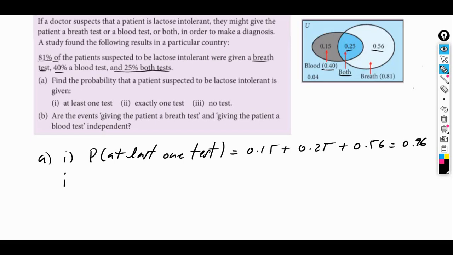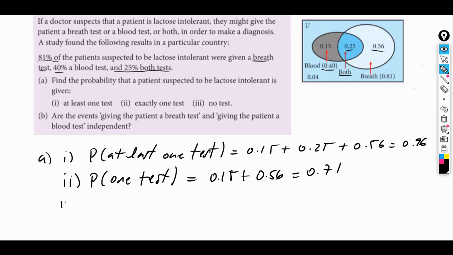Now, for part 2, exactly one test would be the probability of receiving the blood test only plus the probability of only receiving a breath test. And this is going to give us 0.71.